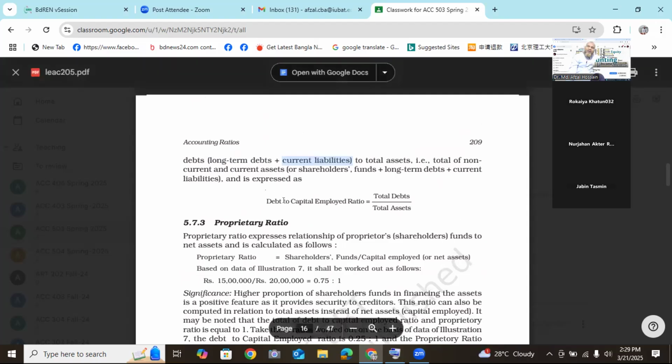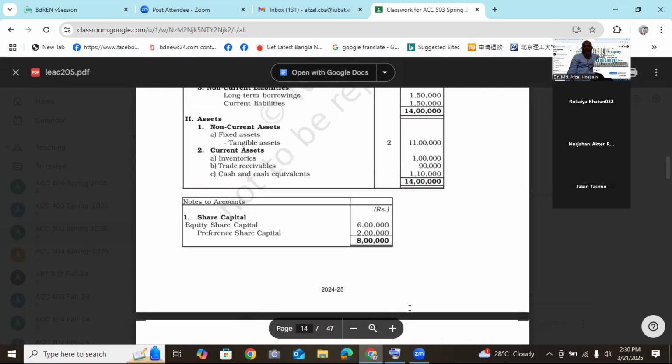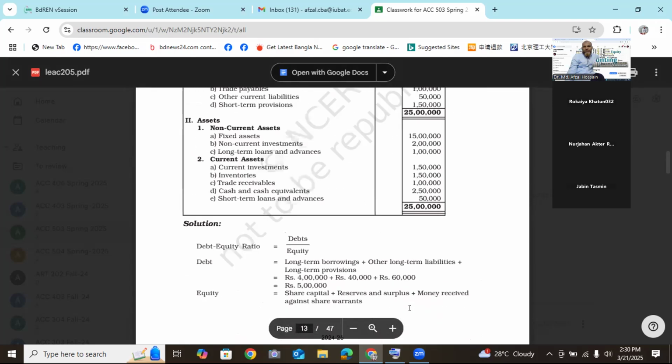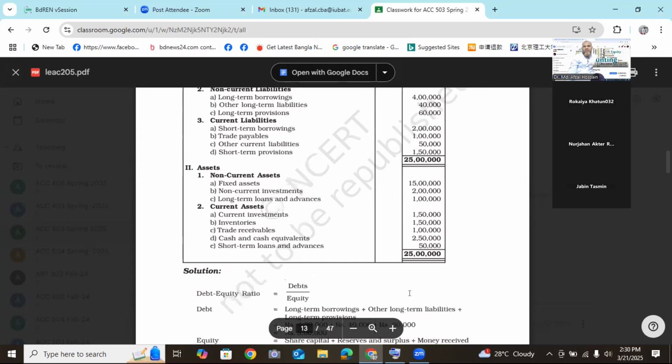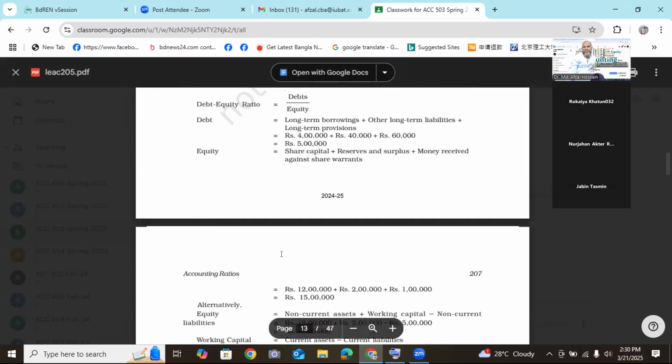Now, if you compute the debt to capital employed ratio, you consider total debts, current liabilities plus long-term debts, divided by total asset. From this balance sheet, total asset is 25 lakh, current asset and long-term asset.